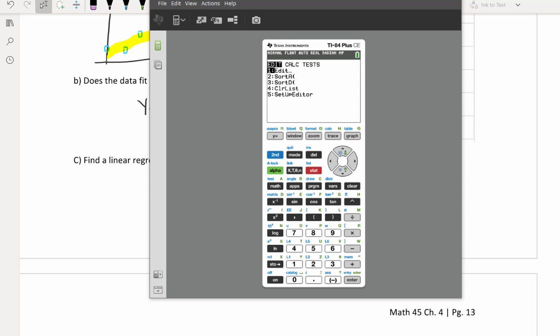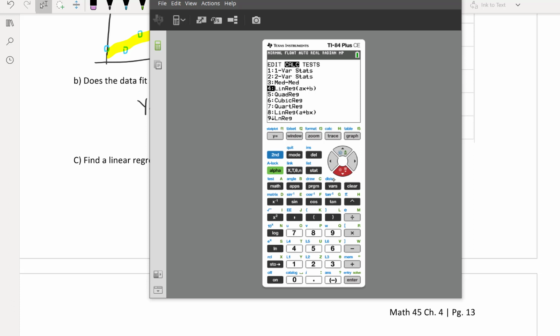After I go to stat, I'm going to press my arrow button, and I'm going to go over to calc. So now under calc, this is linear regression. I'm going to go down until I see number 4, LinReg, ax plus b. So that a is really your slope, which is the m value, okay? And b is still your y-intercept.